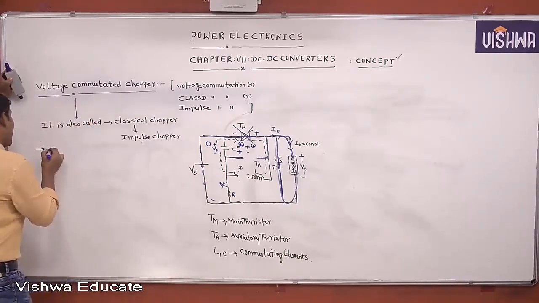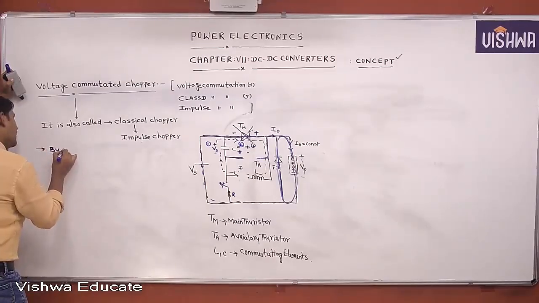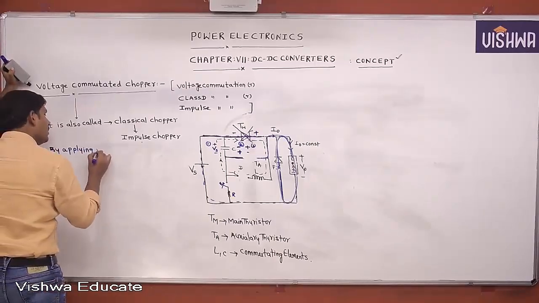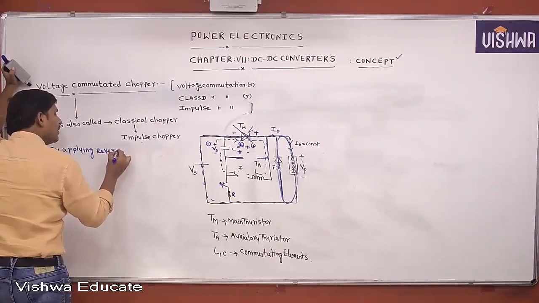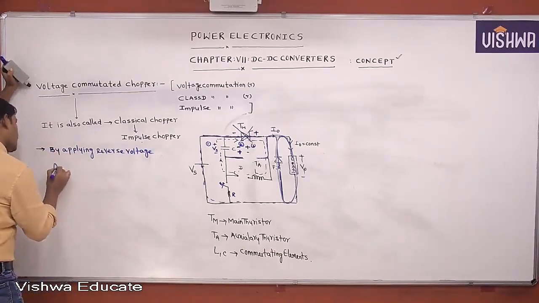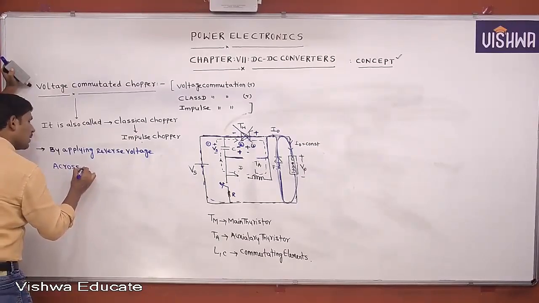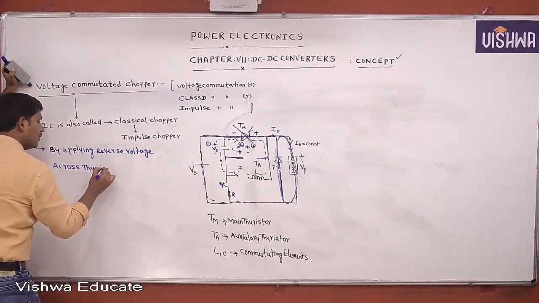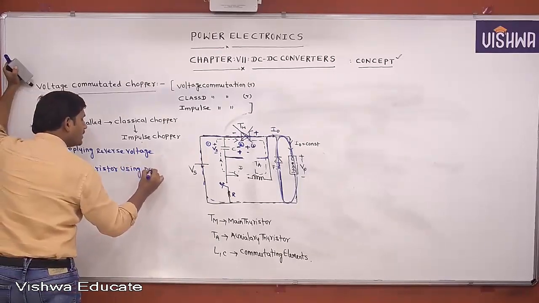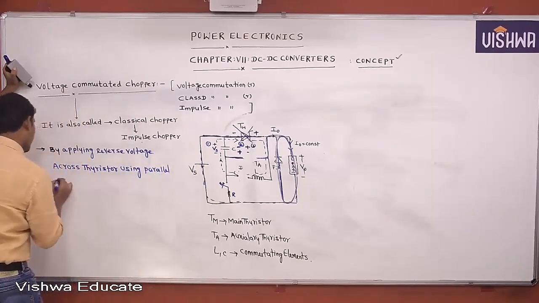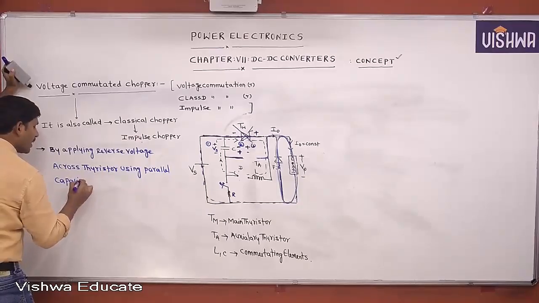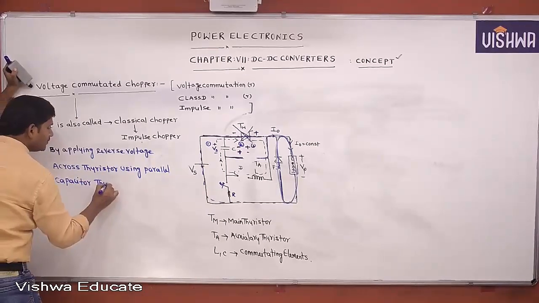That is, by applying reverse voltage across the thyristor using a parallel capacitor, the thyristor is turned off.